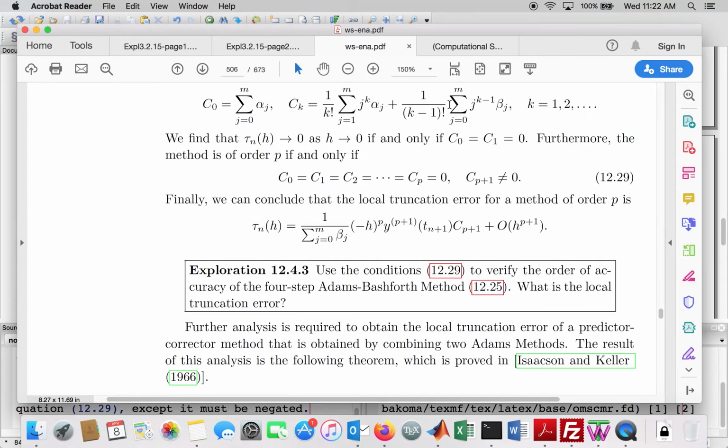If the first one is non-zero, that plugged into here will give you the local truncation error. Now, for a 4-step Adams-Bashforth method, we actually know the order of accuracy. It's order h to the 4th. It's 4th order accurate. Therefore, for this problem, you can jump directly to, well, okay, if a problem still requires you to verify these conditions, you still got to compute them for that reason.